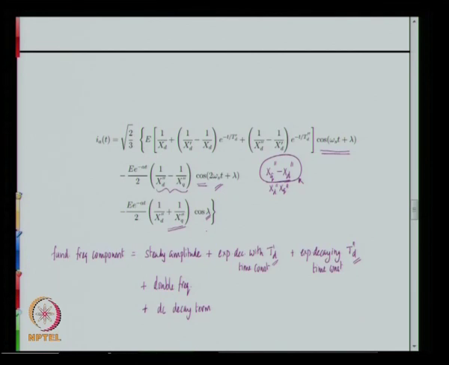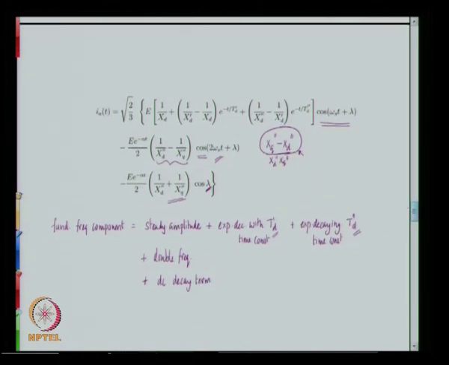If lambda equal to 0, then this term attains the highest amplitude at t equal to 0, cos lambda then becomes 1, and as lambda goes to 90 degrees, then this term really becomes 0. So this term is something that is going to depend upon the instant of switching that we are going to have. So these are the three terms that are there in the expression therefore for Ia.